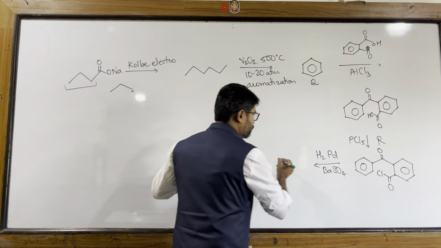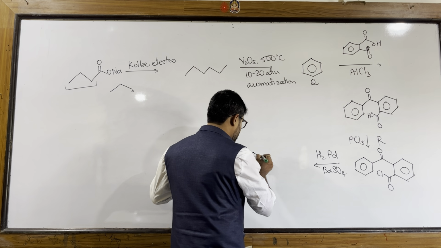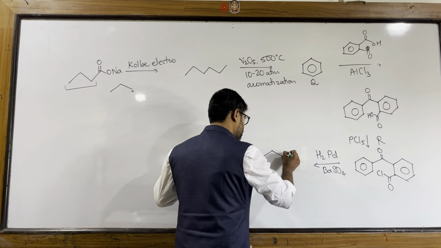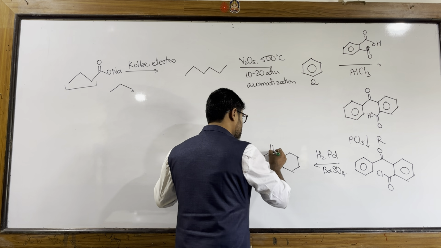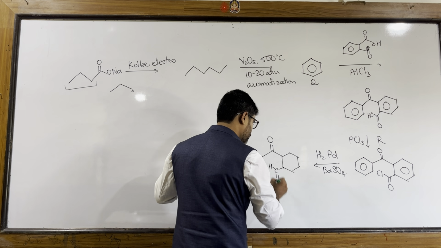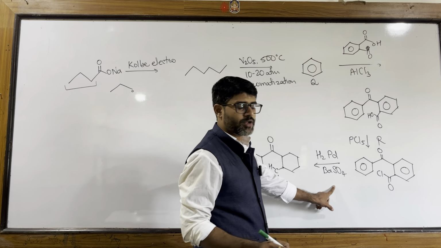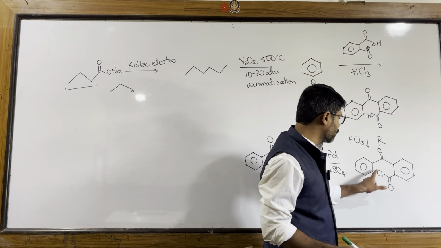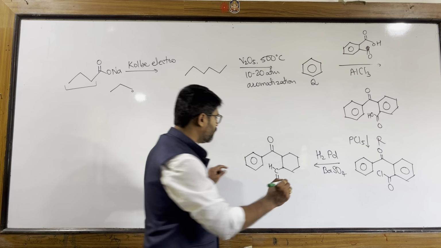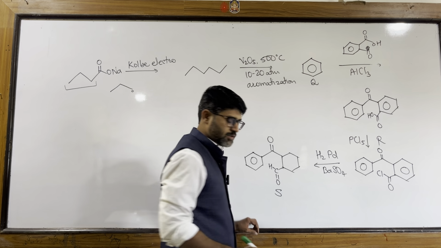The product will have one benzene ring and another benzene ring here, with C double bond O, and this group is changed to an aldehyde group. After Rosenmund reduction we get an aldehyde group here, and this compound is named as S.